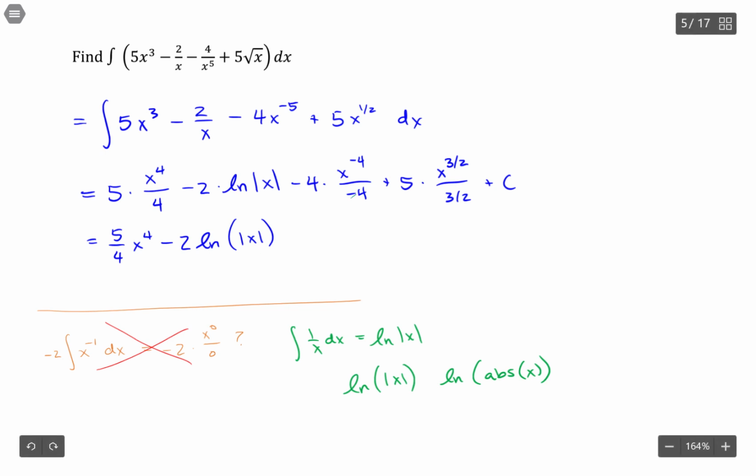The negative 4's here cancel to a positive 1, so this will just become plus, and x to the negative 4th would be 1 over x to the 4th. Then 5 divided by 3/2 is the same thing as 5 times 2/3, and 5 times 2/3 would be 10/3. So this will be plus 10/3 x to the 3/2 plus c.